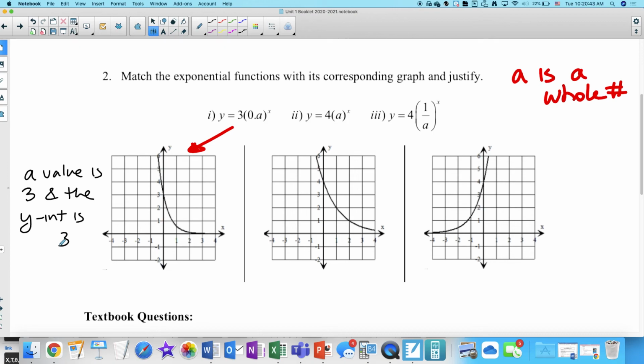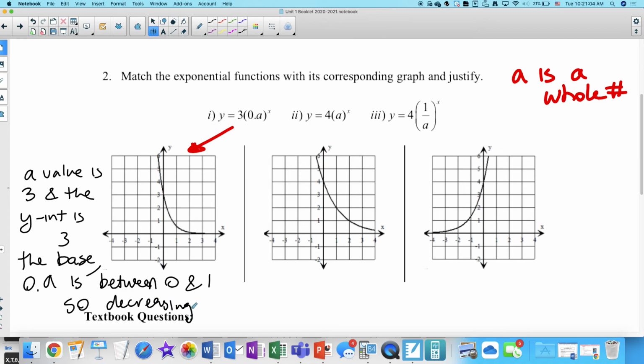So the base 0.a is between 0 and 1, so the graph is decreasing. Okay? All right, now the last two. y equals 4 times a to the x.